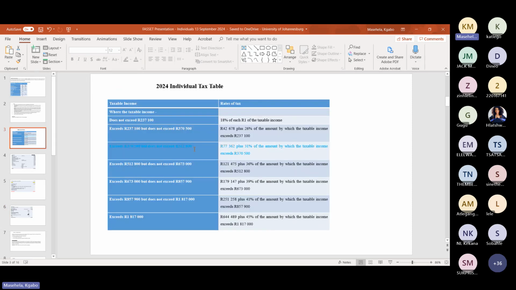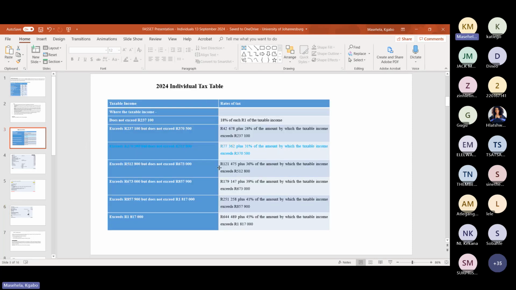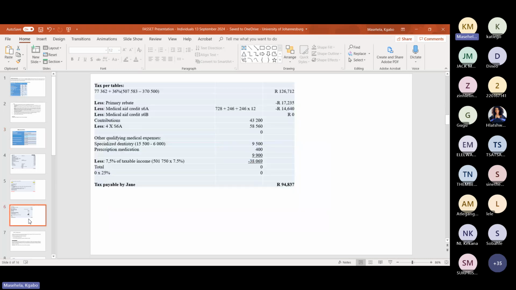That's why we say 507 minus 370. Then multiply by 36. Why 36? Because we are told that under this category, no, it's not 37, it's 36%. Why is 36 here?